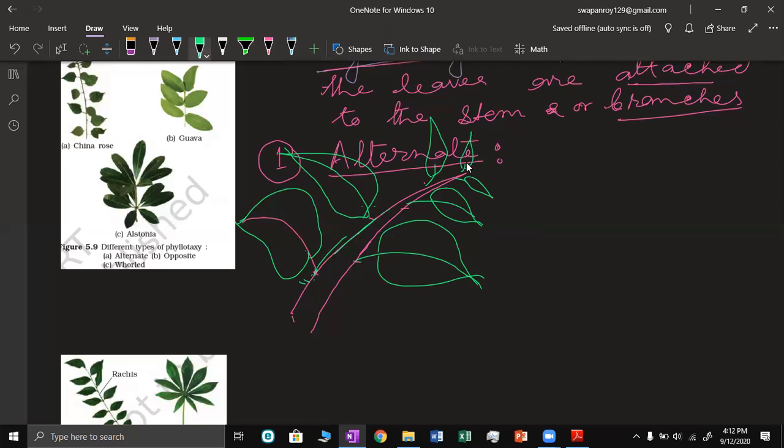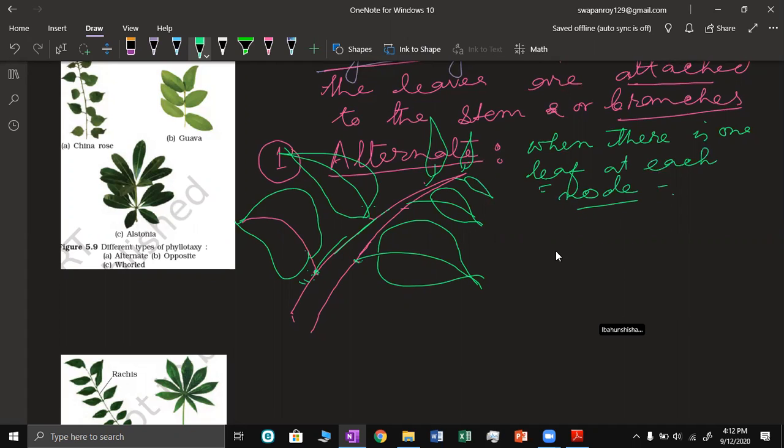So here we find one leaf at each node, and the leaves are alternately arranged on the stem.